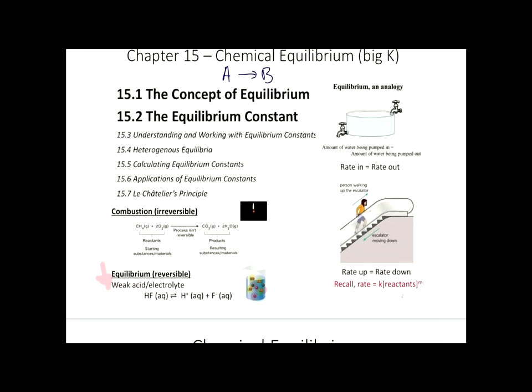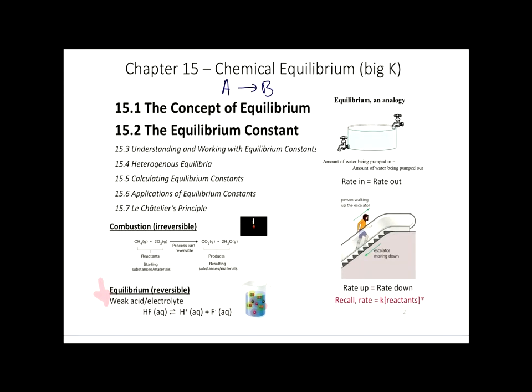All right? And so with equilibrium, and we mentioned this at the tail end of mechanisms and rates, with an equilibrium arrow, those fast steps, we said that the rate in the forward direction was equal to the rate in the reverse reaction. And so that's the big idea that we're studying in this chapter with big K. Another analogy: with your forward rate equaling your reverse rate, if your rates are equal in either direction, what you'll see overall is no change in concentrations of your species.